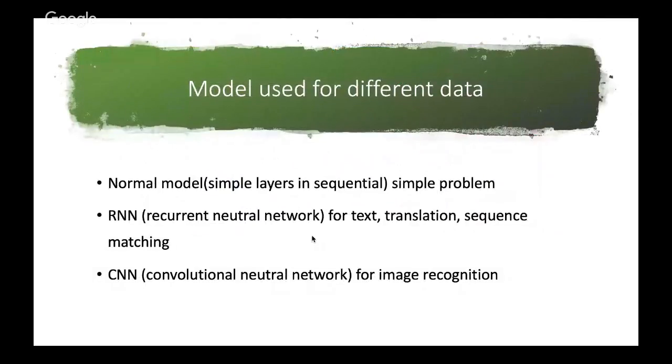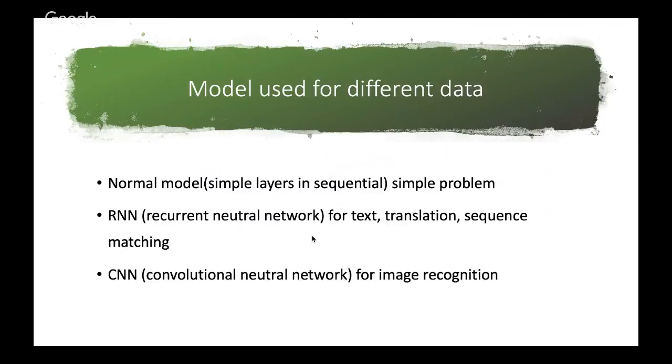Different layers decide the different structures of the neural network. For a simple problem, we generally put an input layer, dense layers, and a dense layer for the output. That's the simplest one. RNNs are generally used for translation, text recognition, text classification, or text generation, like predicting the next word in a long sequence.